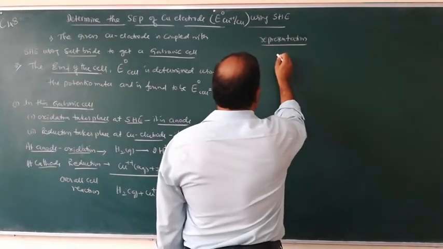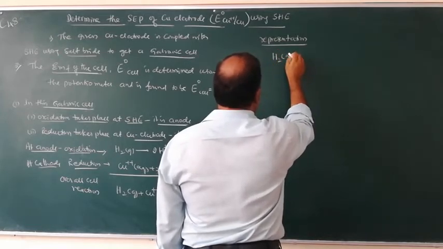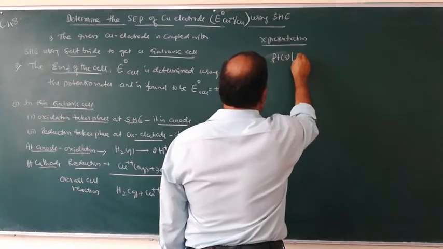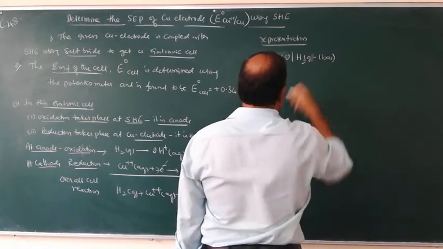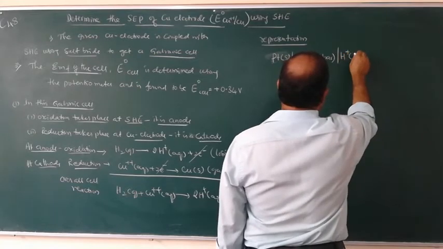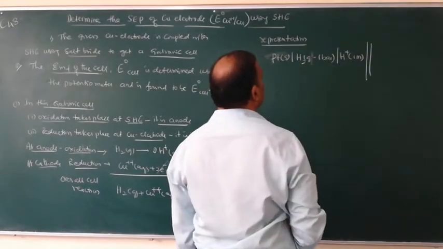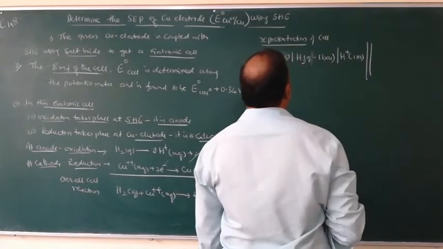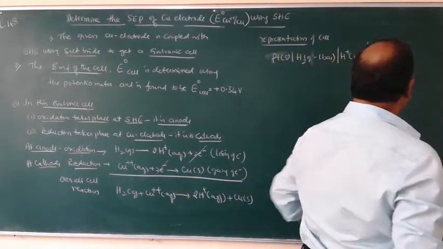So that is Pt | H2(g), 1 bar pressure | H+ ions, 1 molar concentration. So this is the representation of cell. So in the cell, anode is SHE and cathode is copper electrode.